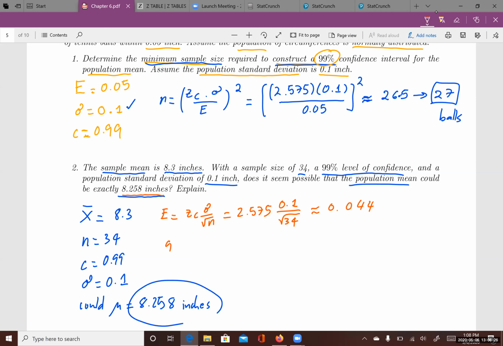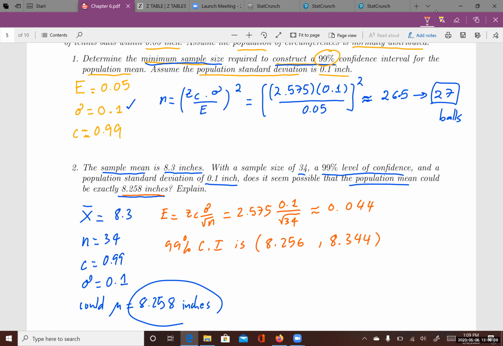Then the 99% confidence interval is going to be 8.3 minus 0.044, which is 8.256, and 8.3 plus 0.044, which is 8.344. Okay. Now my 99% confidence interval is in between 8.256 and 8.344.